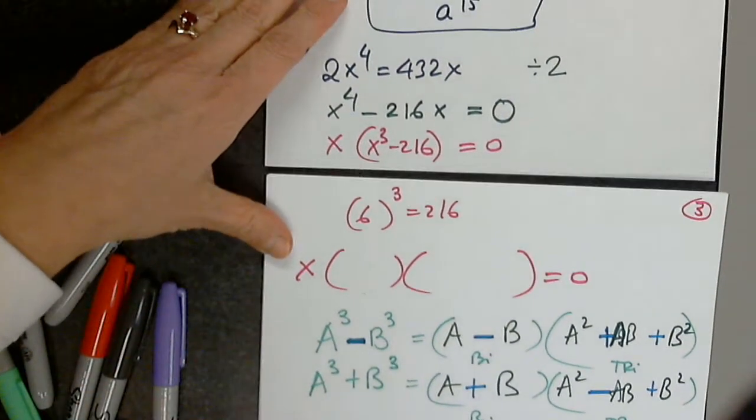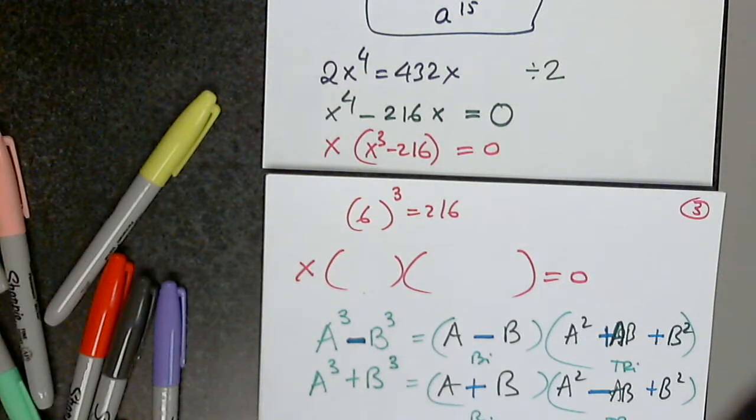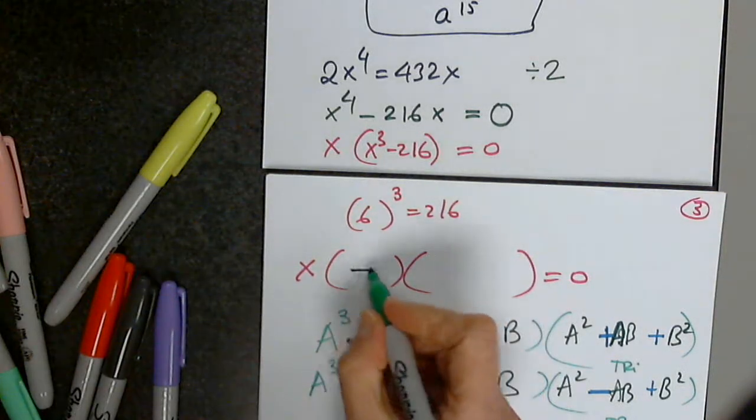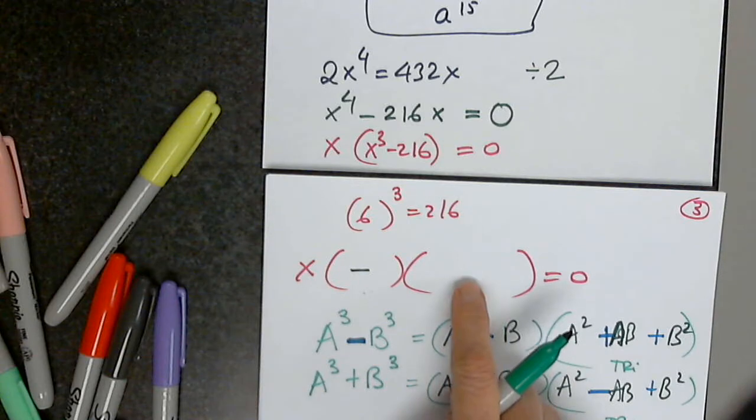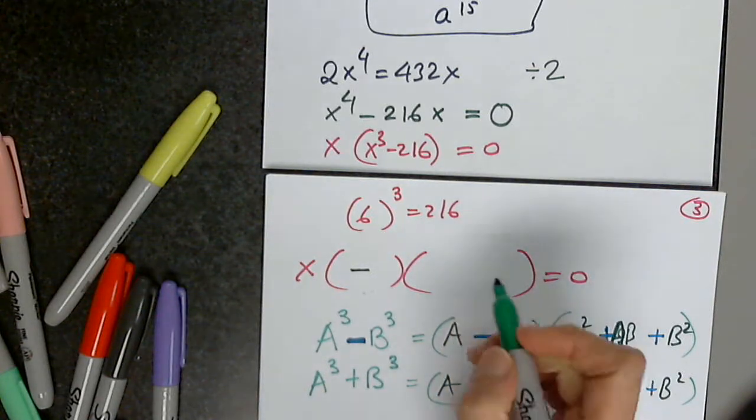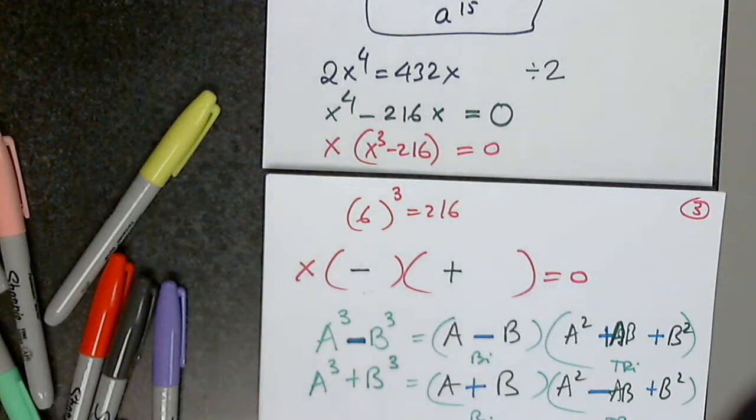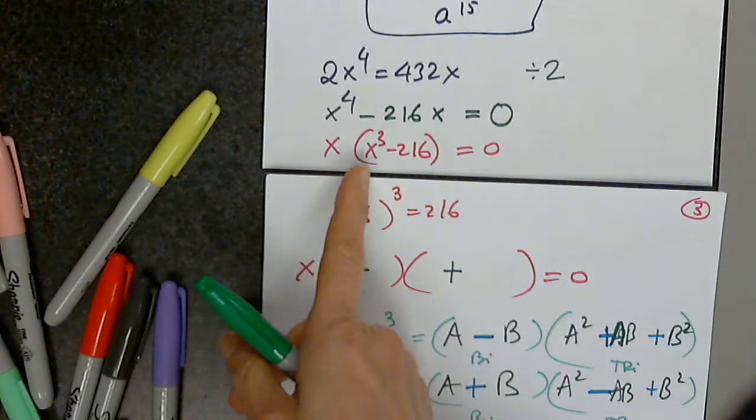So now coming back to this problem, since I have the difference of cubes, what sign will the binomial have? Negative. And what sign will the trinomial have right here in the middle? Perfect. So now, what do I cube to get x cubed?